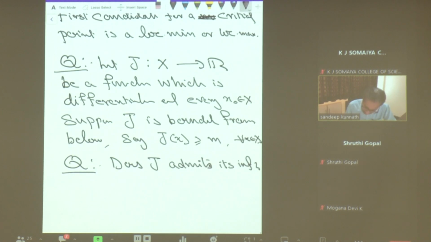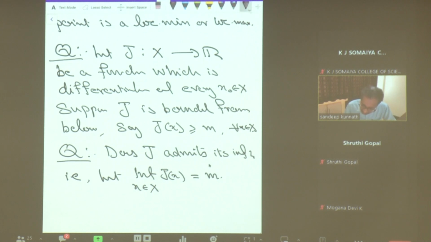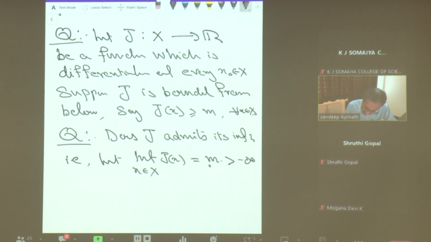That is the question. So let me let the infimum of J of x, x element of X, be some number, I am going to call it M. Since it is bounded from below, this has to be strictly greater than minus infinity.